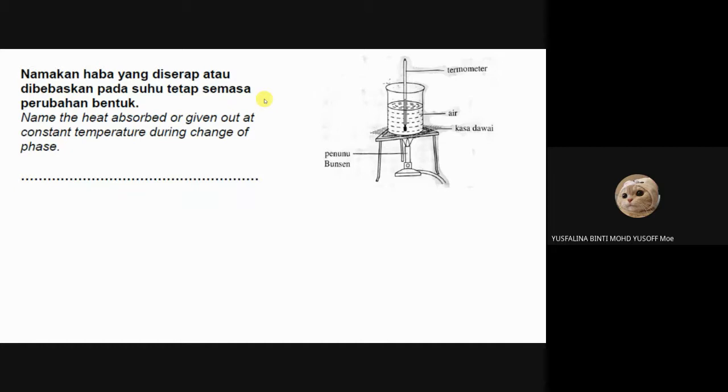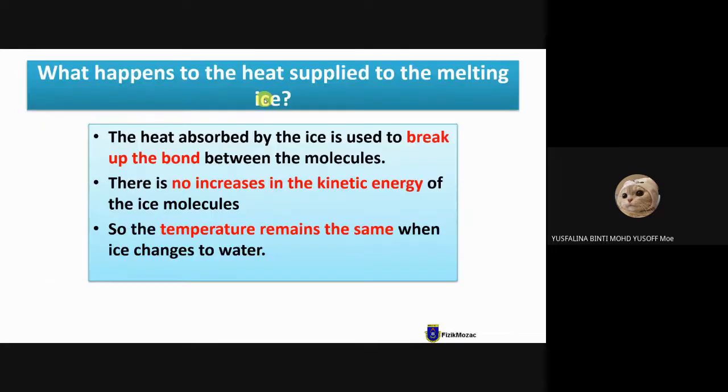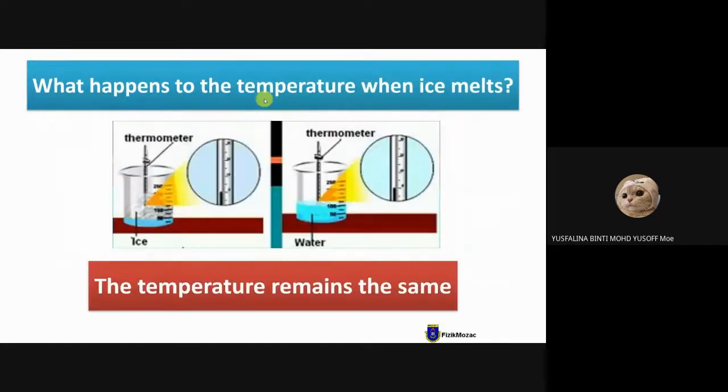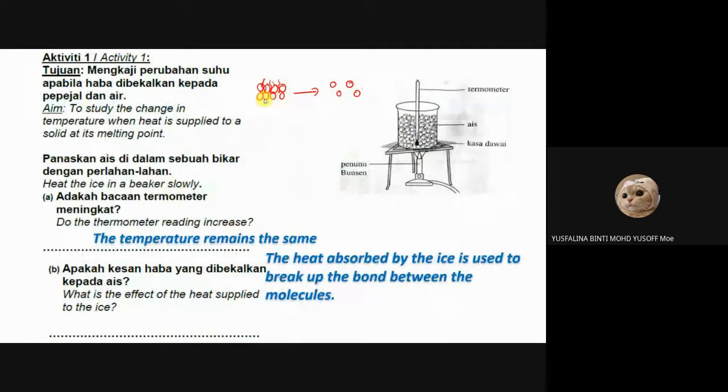Name the heat absorbed or given out at constant temperature during change of phase. Before that, I would like to add something here. What is the type of latent heat that we use here? For this one, it changed from solid to liquid.